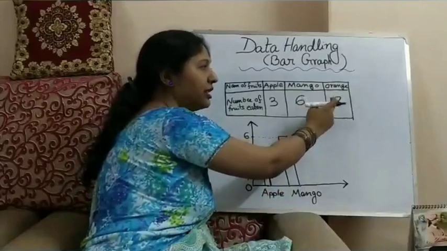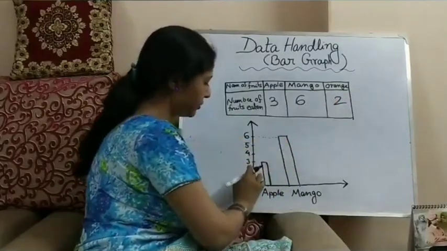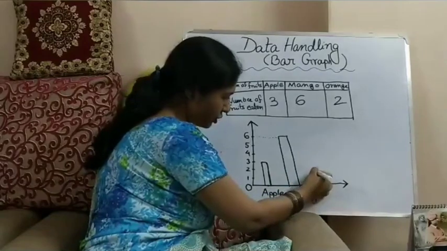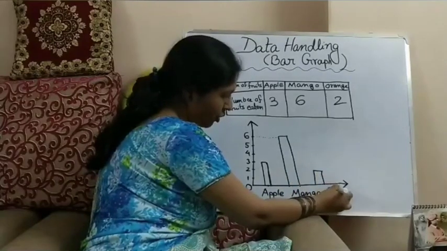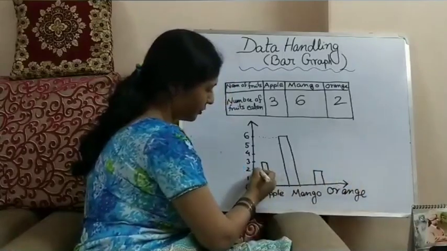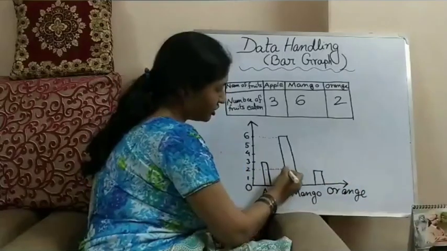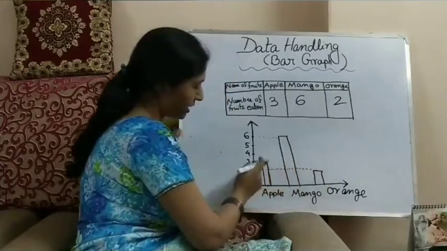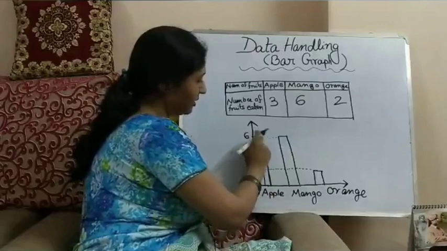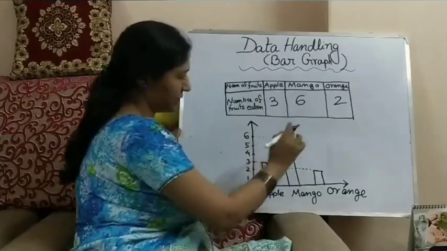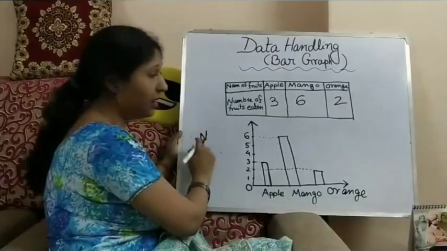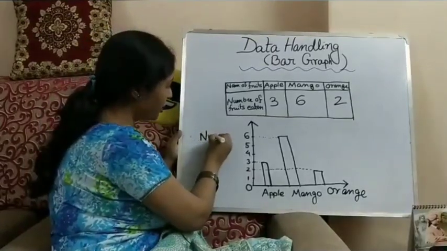And orange, that is 2. So here we should draw orange. So it will touch that 2 scale, that is touch this, and that is touch 6. So here we should write down the label, that is number of fruits.